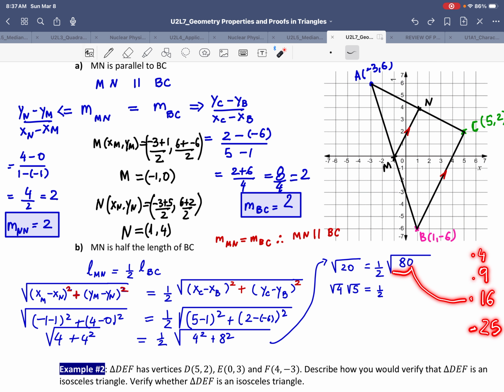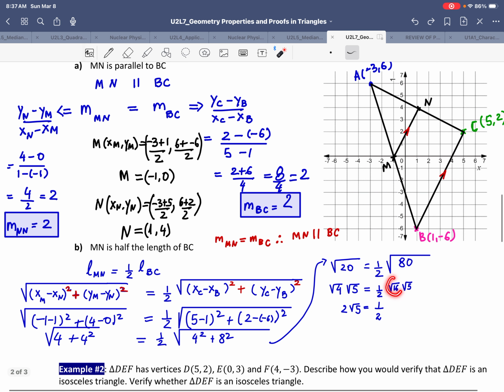So if you divide 80 by 16, use a calculator for this, you will get 16 times 5. So therefore, we're going to break 80 into root 16, root 5. Now, simplify some more each side. So the left side becomes 2 root 5. And the right side is 1/2. Now, root of 16 will be equal to positive 4 and then root 5.